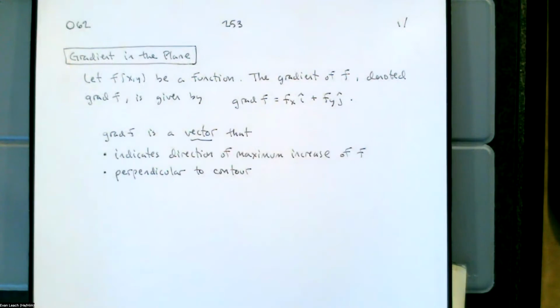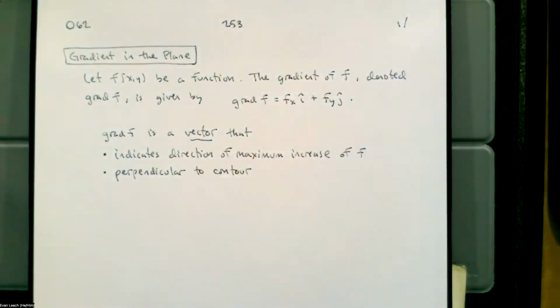These two are saying the same thing. That meme from The Office, they're the same picture. The contour indicates where the function is constant. So a contour is all the places where the function has one value. So it makes sense that the maximum increase is perpendicular to where there is no increase.